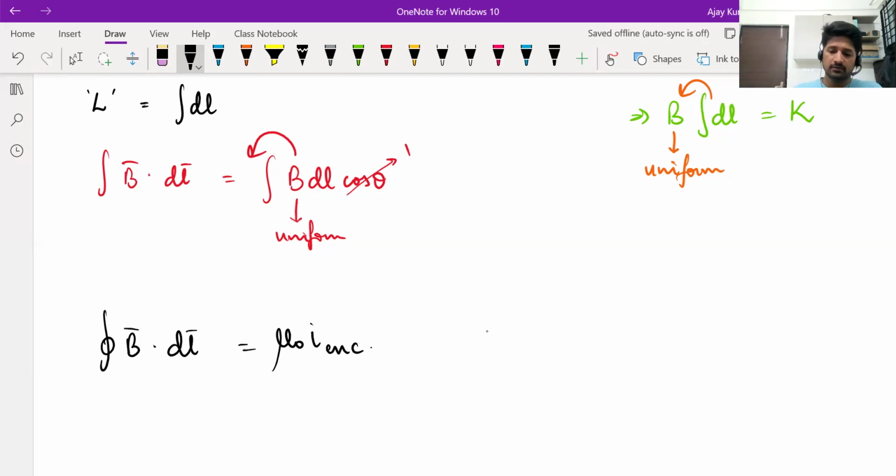Means from this, you have to get only B. So to be able to get B from this integral, there are some conditions that need to be satisfied. You need to choose a closed path over which the magnitude of B is same everywhere. Then you will be able to take it out of the integral. And it will be even better if cos theta is 1 everywhere.